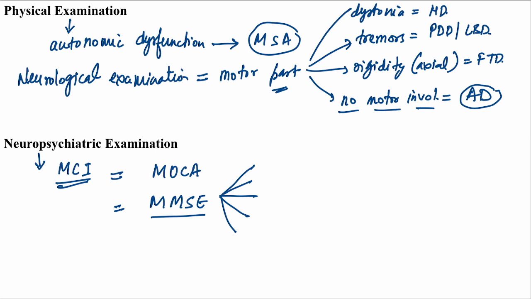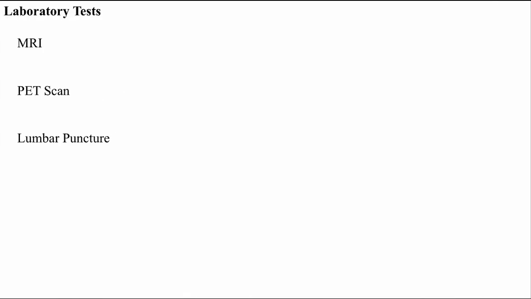If the score is less than 24, it means there is some dementia, some memory loss. MMSE and MoCA are important in examining the patient of dementia, as they will unmask the underlying cognitive impairment.